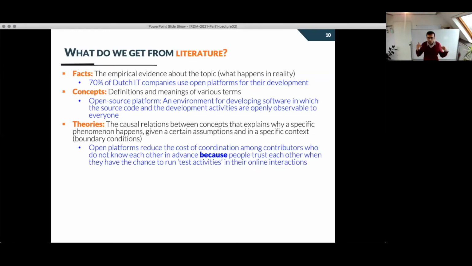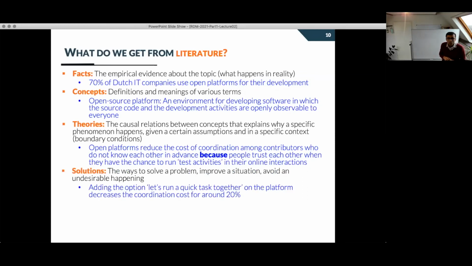These are about the theories. We will get into that more. You may also get a lot of solutions. Some studies suggest if we design open platforms in this way, it can increase the performance. It can reduce the cost. So these are about the solutions. These are about the ways of making things happen in a better way.